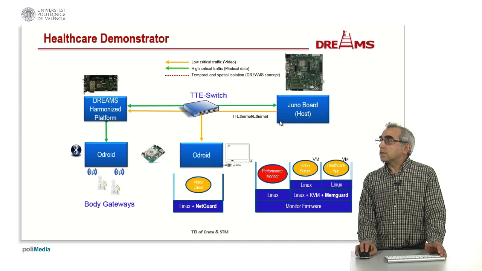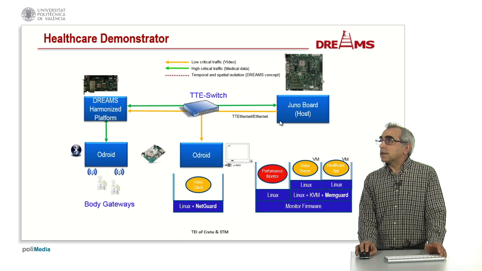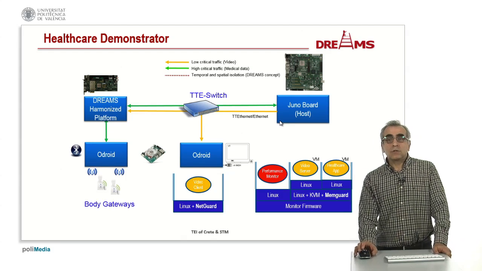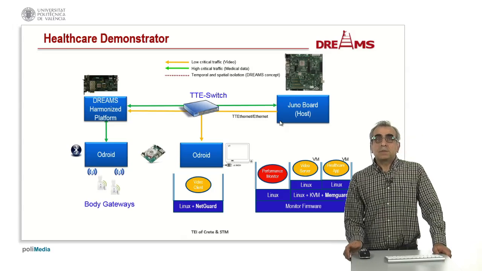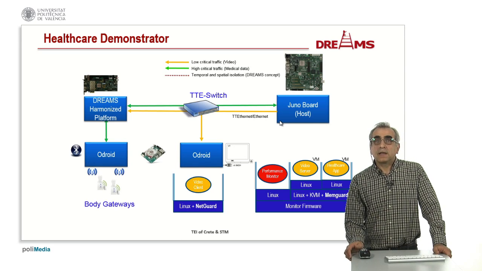So this is the current setup of the final healthcare demonstrator, but I will show you next a demonstrator which is currently being developed, as we are nearing the final demonstration of the project.